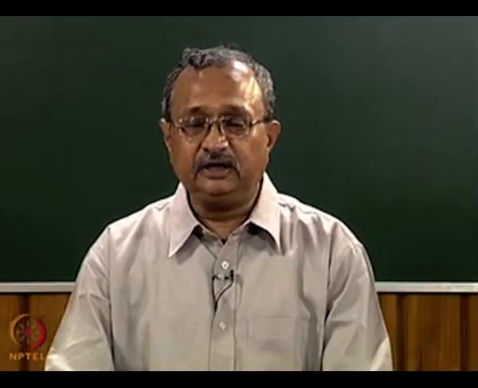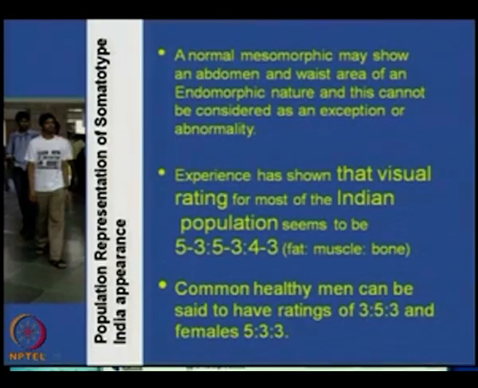Now, for the Indian population, what is its relevance? A normal mesomorph may show an abdomen and waist area of an endomorphic nature, and this cannot be considered an exception or abnormality.